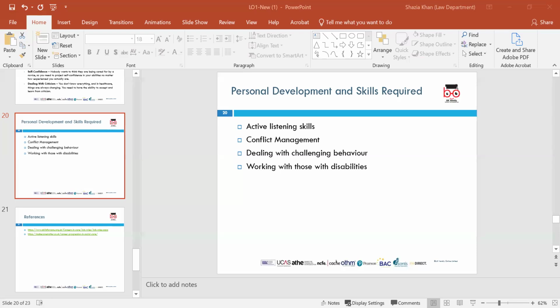We looked at nurses, social workers, roles and responsibilities in health and social care, progression to manager, what kind of qualifications they need, the degrees, skills and knowledge for specific roles, and meeting the skill and knowledge requirements. So we looked at active listening skills, dealing with challenging behavior, working with disabilities, and conflict management.